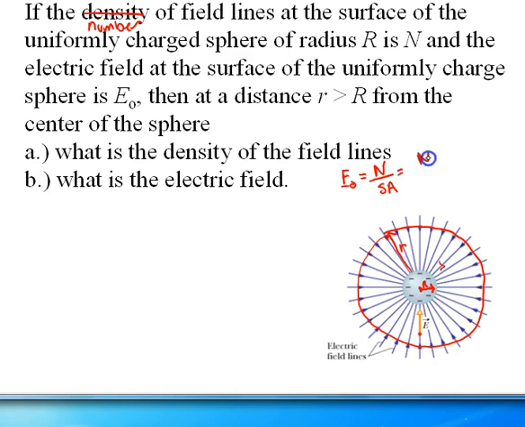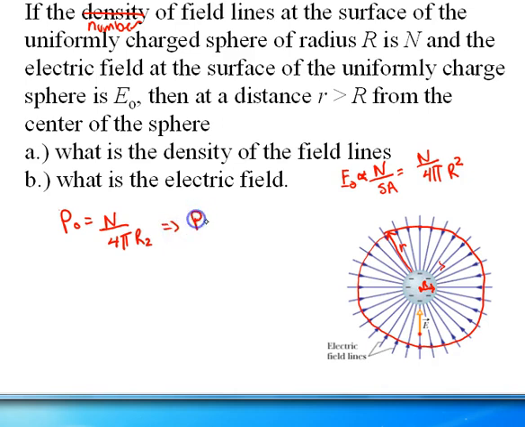So that's equal to n over 4 pi r squared. What we want to know is the density of the field lines at capital R. Our density naught is actually equal to n over 4 pi r squared.